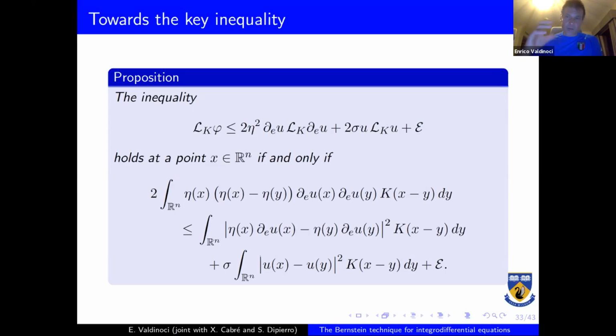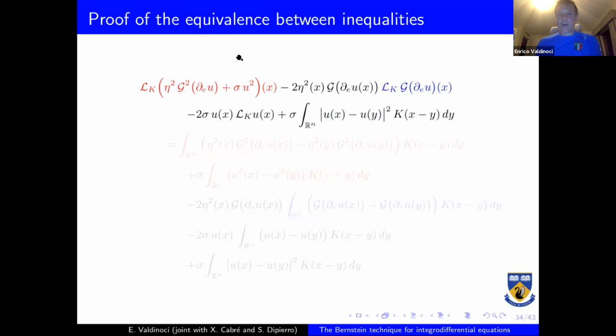So this is somehow the pivotal step, because this will allow us to prove not the first inequality, but the second inequality, which is conceptually easier, and then obtain the first inequality as a byproduct. So let's see, this is somehow an algebraic computation, but let's see how you do it.